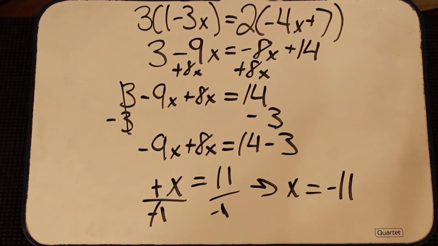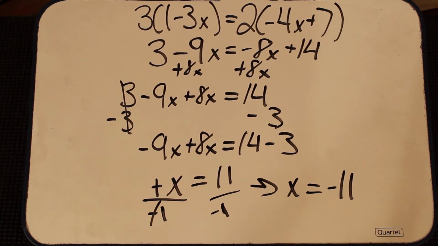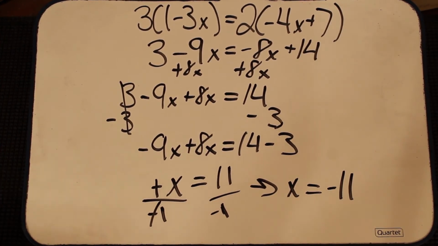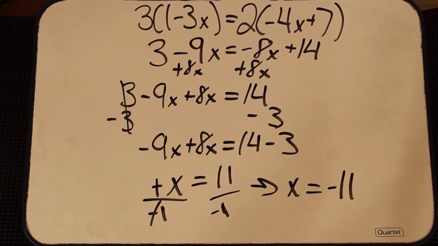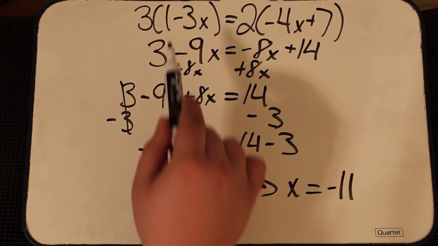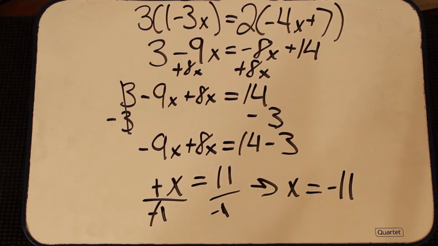This kind of equation really encompasses everything that we've done up until now as far as equations is concerned. I'm not going to make you do another one in this video, but just keep in mind, keep track of what you're doing on each side. Sometimes you're going to have to distribute on both. Sometimes you're going to have to collect like terms on some and not others.